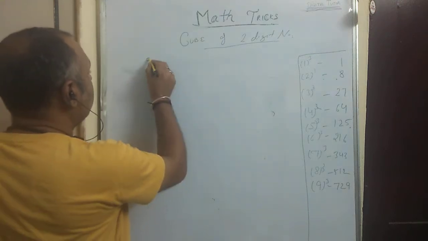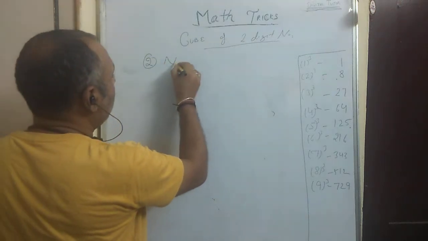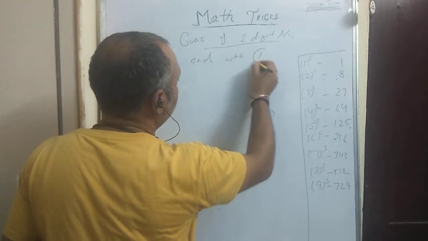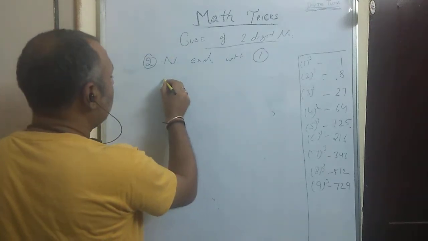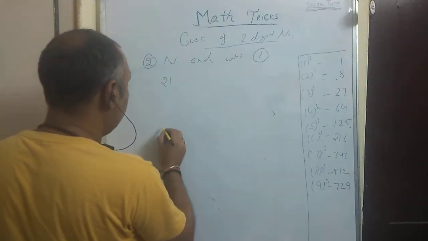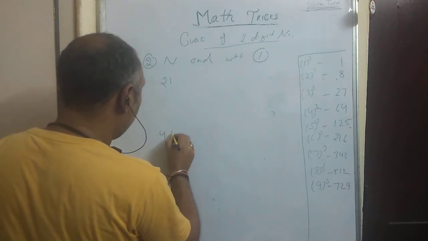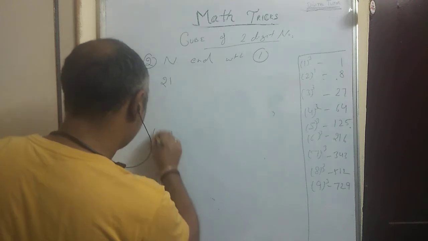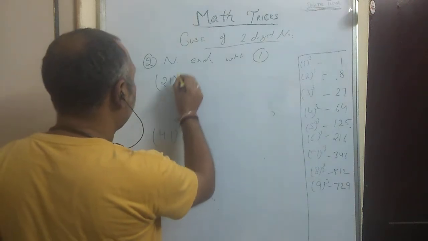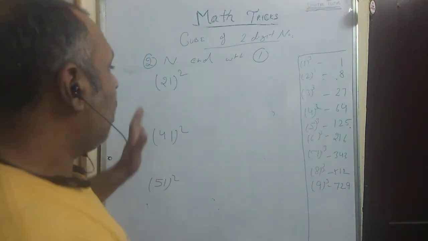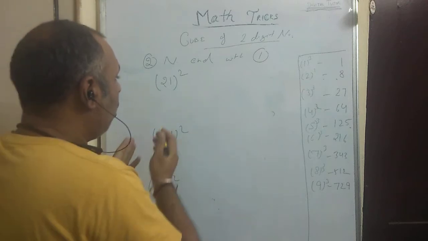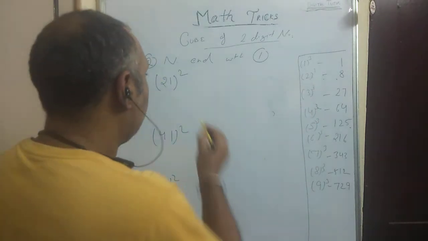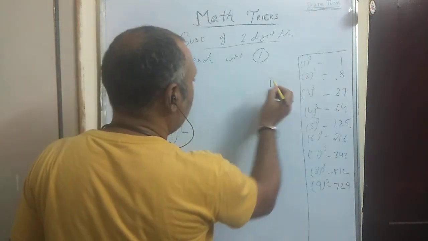Now second method. Numbers ending with 1. For example, 21, 41, 51. Okay friends, here some changes. In the first method we started from the front, here we go from the last. Last digit 1, 1.